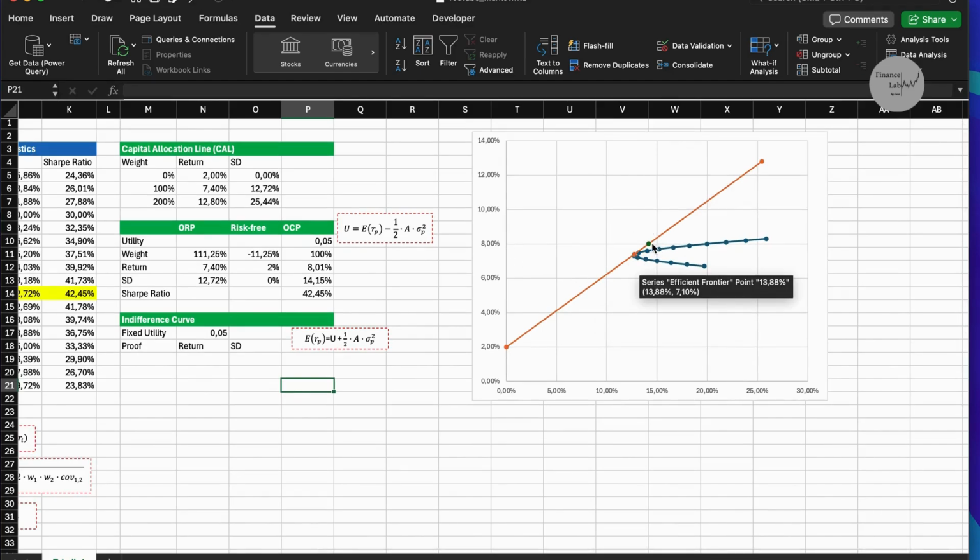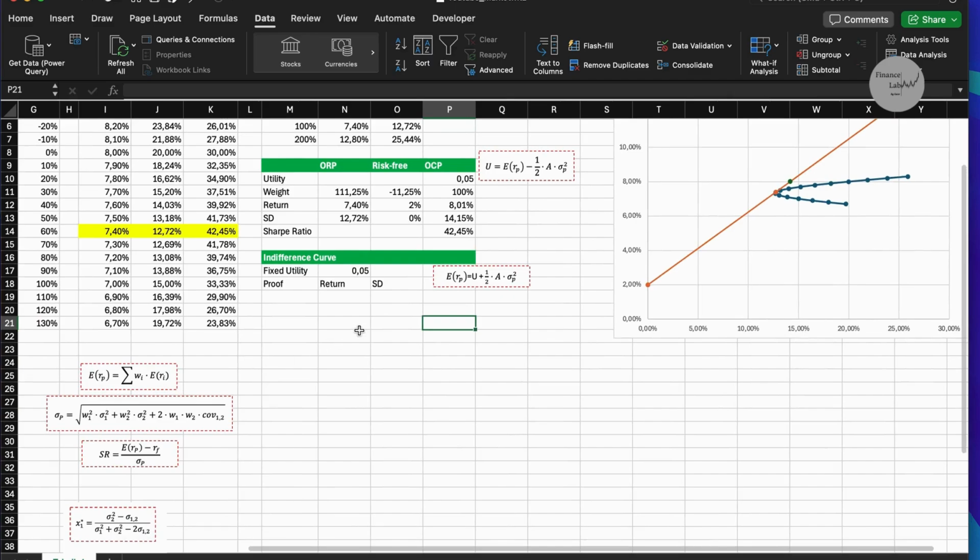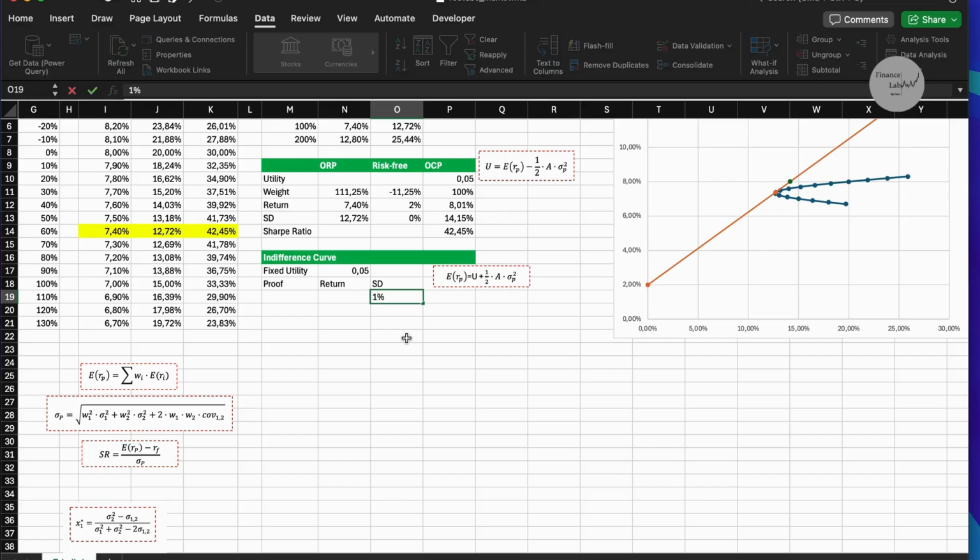We know this point here, the optimal complete portfolio, is at the tangency point of the indifference curve. On the indifference curve, we have all portfolios that give the investor the same utility. Let's start with a few standard deviations to plot this. 3%, and we go to 30.